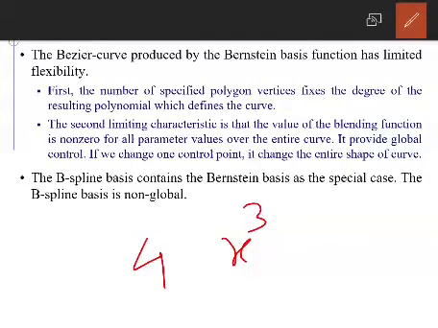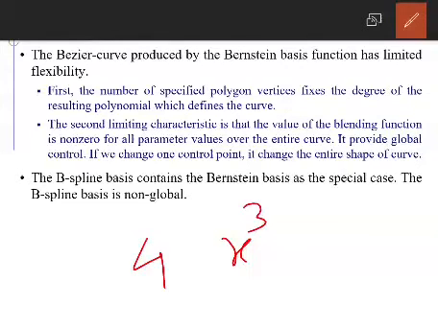The second limiting characteristic is that the value of the blending function is non-zero for all parameter values over the entire curve. It means the Bezier curve provides global control over the entire curve. If we change one control point, it changes the shape of the curve.